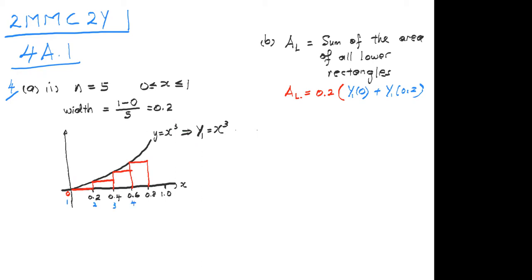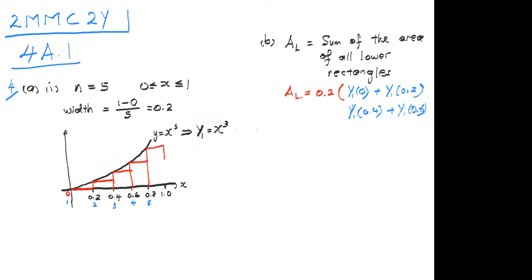The third one will be y1 0.4 plus y1 0.6. Okay, this is the fourth one. Then the last one, the fifth one. These are all your five lower rectangles.